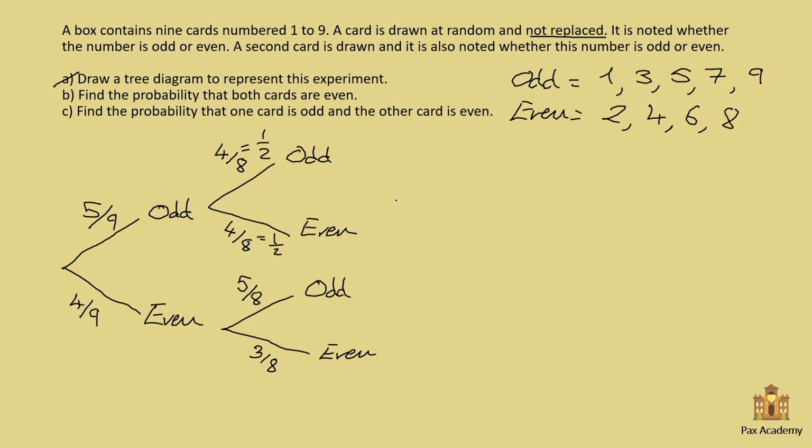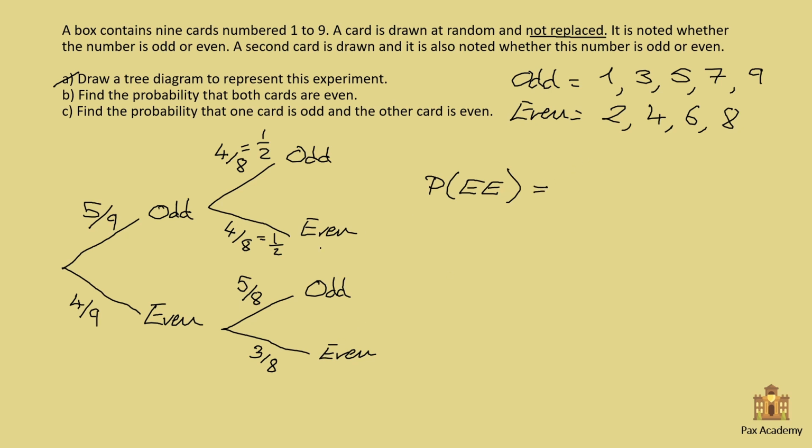Part B says find the probability that both cards drawn are even, okay? So this means that we're trying to find out the probability of even and then even. Now, as you can see in the tree diagram, there's only one path that allows for this. And this is the bottom one. So when we get an even card first and then an even card second, that's the only possibility for this.